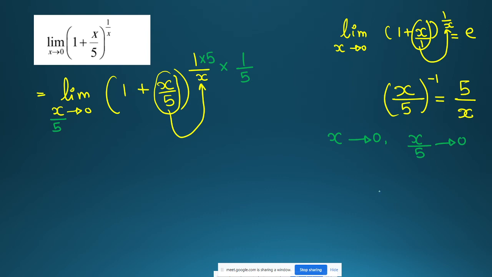Now there is one simple question that I want to ask. What is a raised to m whole raised to n? This is the same as what?